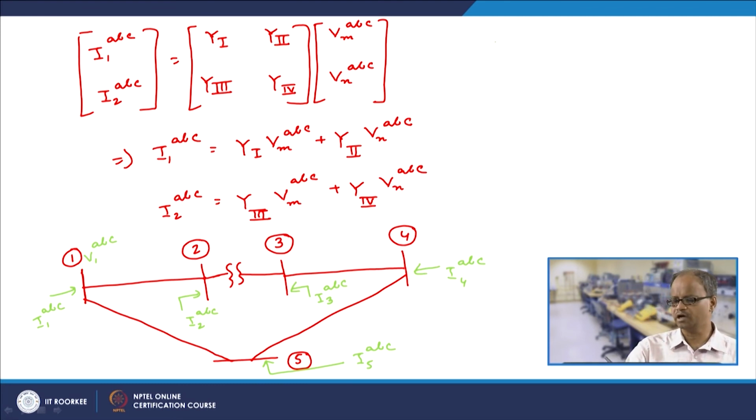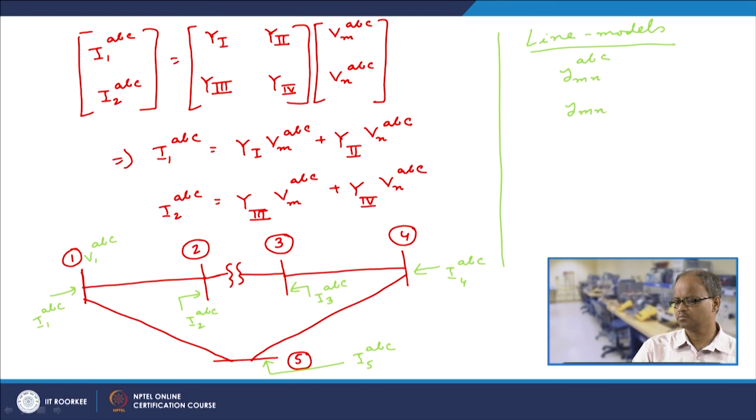So the line models are, as we have just seen, Y MN ABC and Y MN shunt ABC.